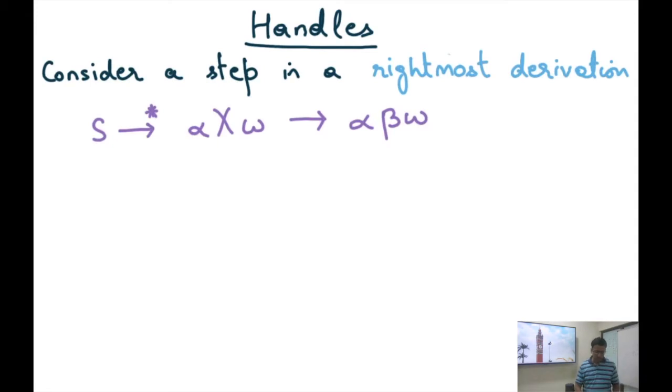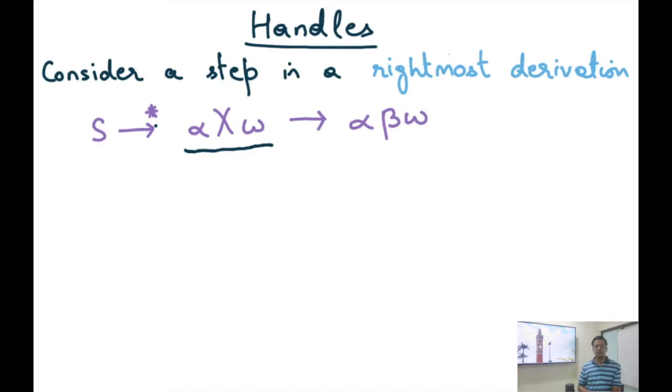To be able to predict, we're going to develop a series of concepts before we present the final algorithm. One of the concepts is the concept of a handle, and this is just a definition. Consider a step in a rightmost derivation of the start symbol S, and let's say I'm making multiple steps, represented by the star here, and at some point I end up with the string alpha X omega.